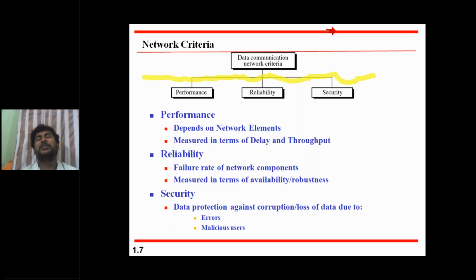And when you are visiting different websites, please check that the websites have the phrase HTTPS, where S refers to the fact that that particular website is secure. So security is also one of the important parameters to evaluate a network, right? So these are the different criteria which we consider for evaluating a network. Clear? Right.